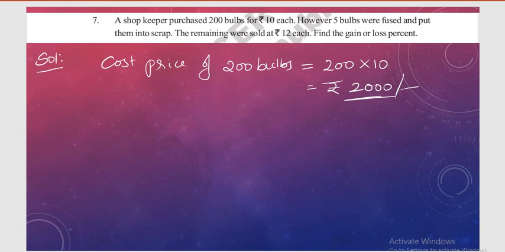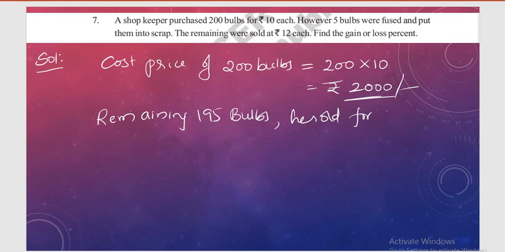Now, 5 bulbs were fused out, so he can't sell them, and the remaining bulbs, what did he do? The remaining 195 bulbs he sold for 12 rupees each. That means selling price.